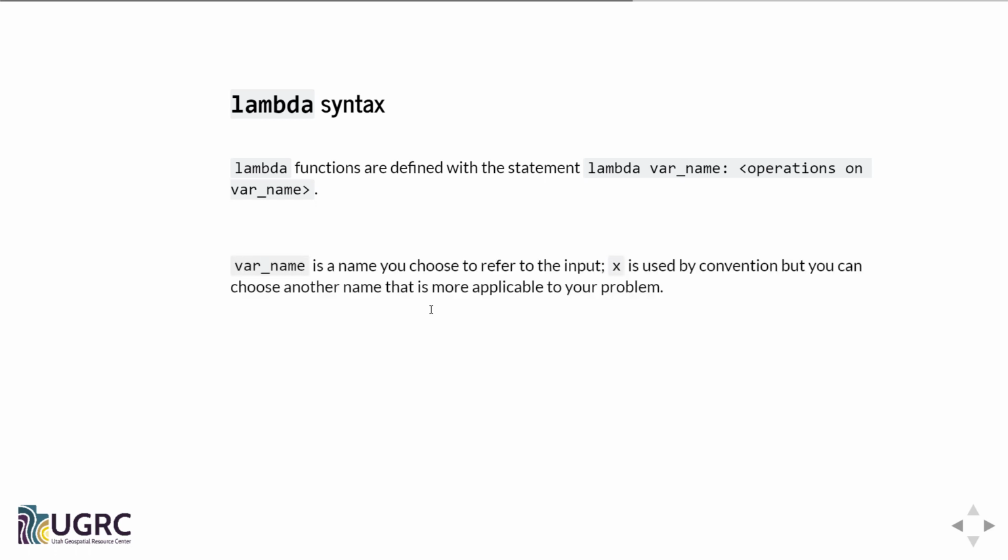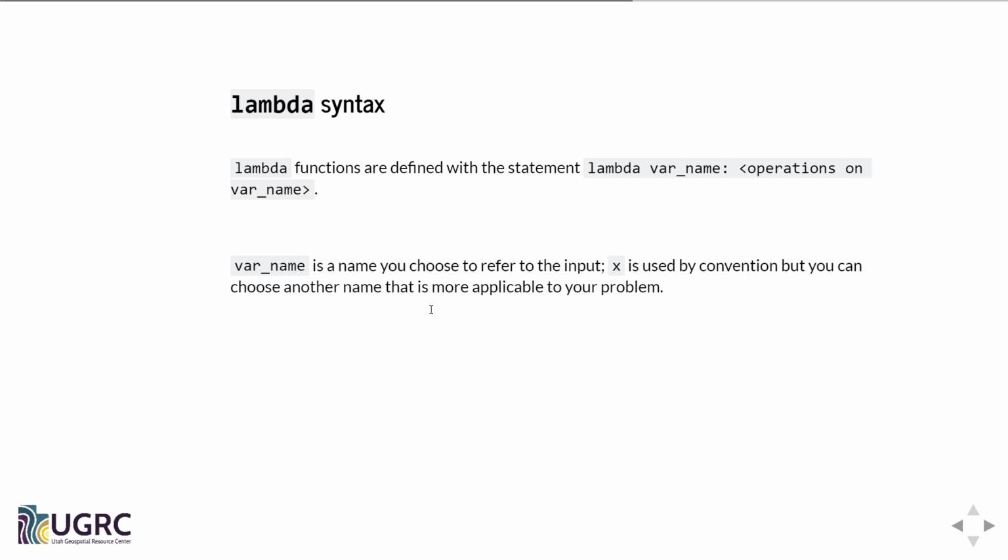So the variable name can be anything you want. X is very commonly used in examples because in math, it's solve for X, right? So that's what people think. But it can be whatever you want. Again, readability matters. So if it helps you remember what you're doing, by all means, use a different name.